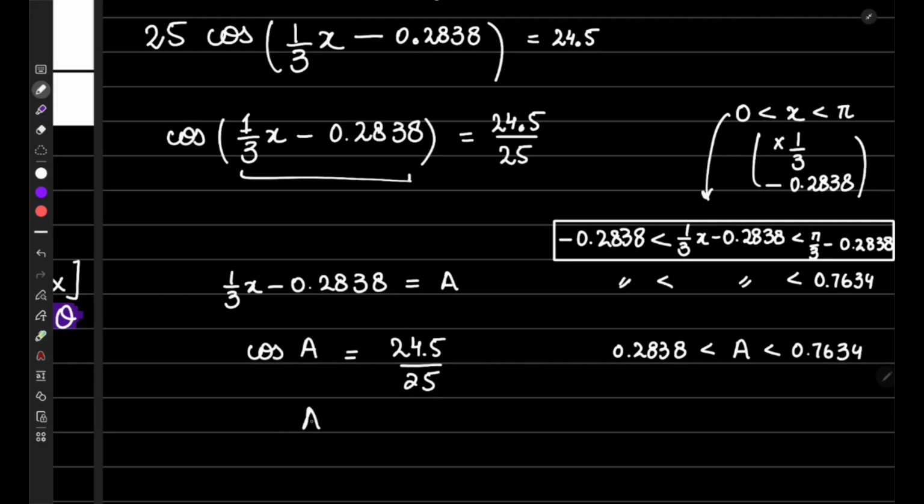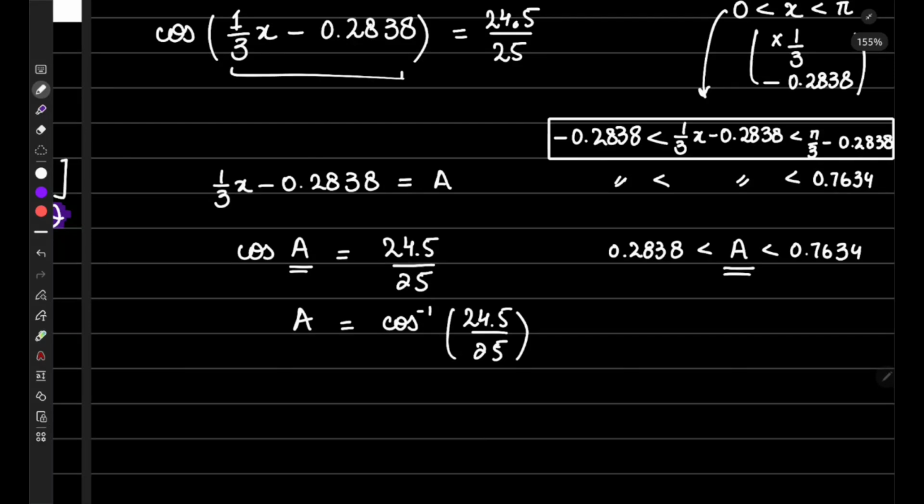Now that you have the same thing in both places, you can do cos inverse. So cos inverse of 24.5 over 25 gives you alpha. Actually, you first find the basic angle, not the actual angle. The basic angle turns out to be 0.2003.